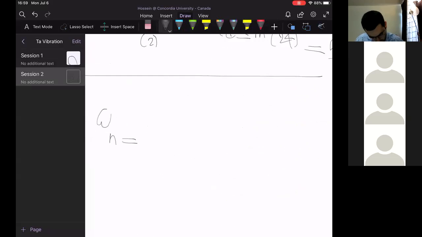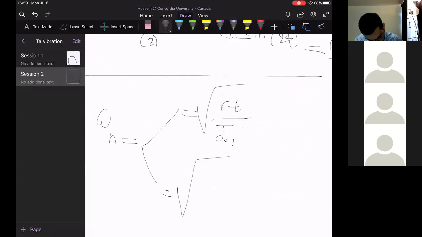Therefore, omega n can be calculated as square root of K T over J naught 1, K T over J sub O2.